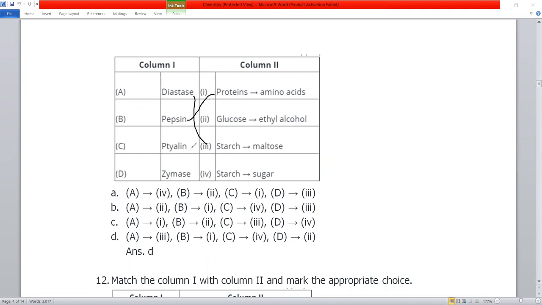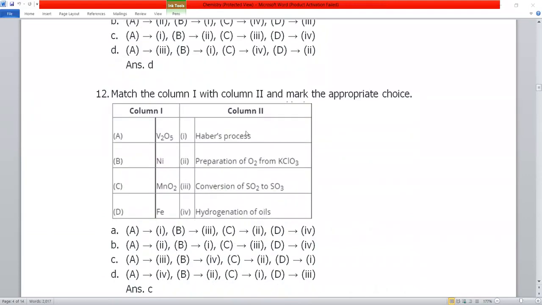Ptyalin performs the reaction converting starch into sugar, and zymase acts as a catalyst converting glucose into ethyl alcohol. Which case exactly matches, students? Option D exactly matches. So these are the enzymes, and in which reaction they act as biocatalysts.